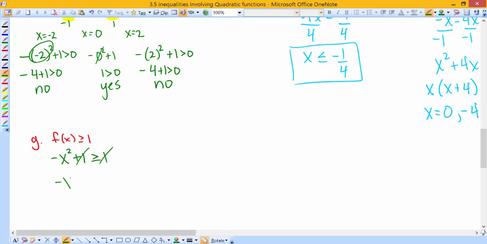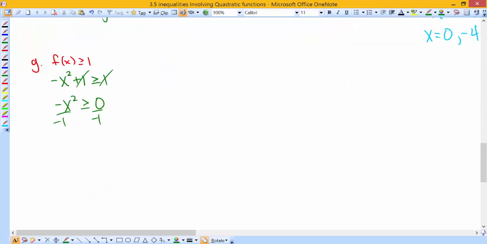And you're left with negative x squared is greater than or equal to 0. Divide by negative 1. Because you're dividing by a negative, your inequality will switch around. It's still 0. Now I can square root. Now this is just 0. So it's x is less than or equal to 0.